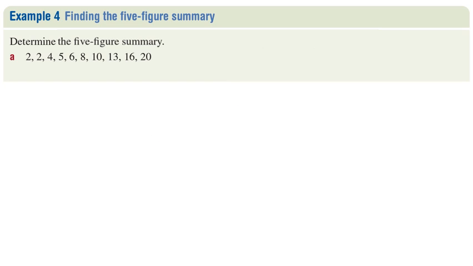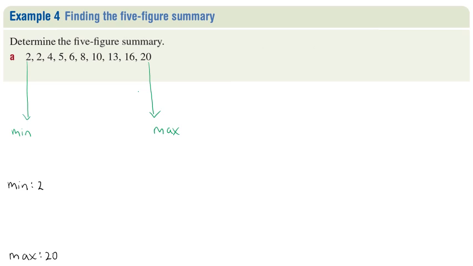Now I'm just going to do the textbook example so that you really understand it. Okay, so the minimum is the smallest number. So I'm going to write them all out this time. So we've got our minimum is 2. Then we've got our largest number, which is our max. So our max is 20.